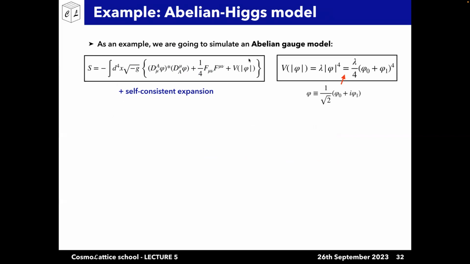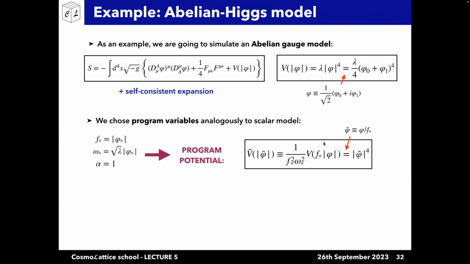It is formed by this action, by this potential, this lambda phi to the 4 potential, where phi is the absolute value of the complex scalar. And then this is analogous to the scalar case scenario that we studied this morning.